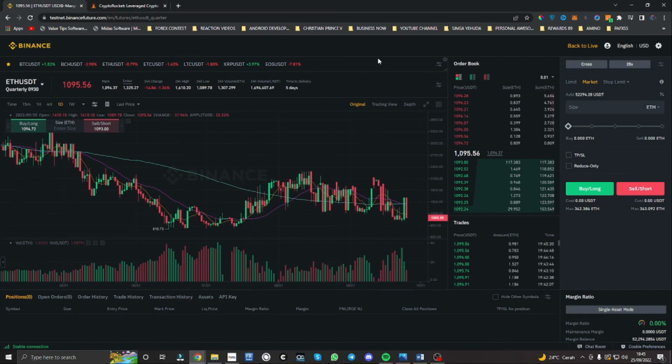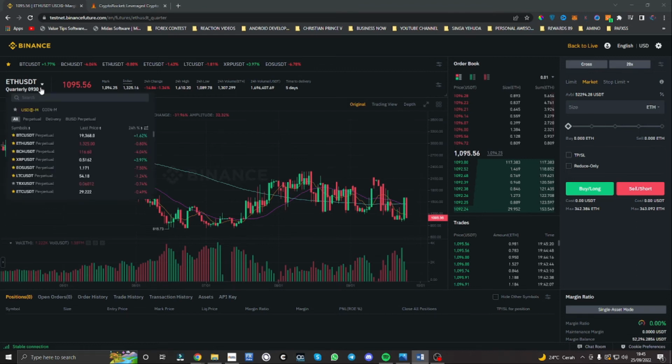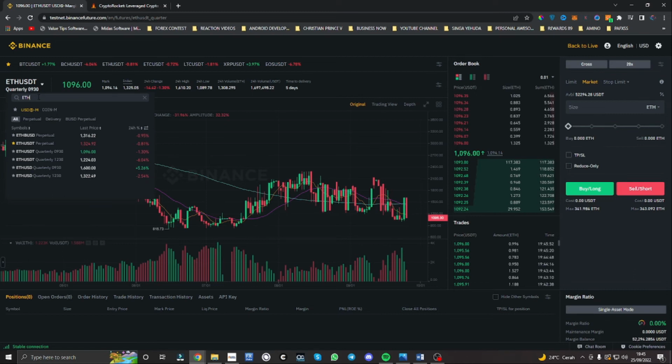The Binance.com link is also inside our PDF, cryptocurrency trading. And then you search the crypto pair. Let's say you found one setup on Ethereum USD. So you're going to type here Ethereum ETH, ETH USD. It's this one right here.